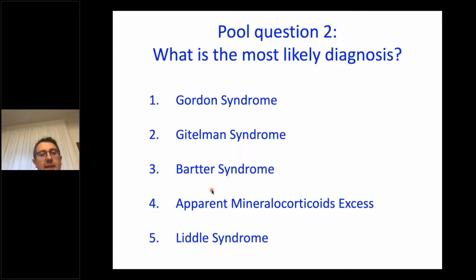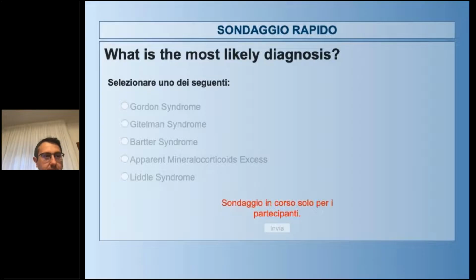What is the most likely diagnosis in your opinion? So we have the multiple choice that includes Gordon syndrome, Gitelman syndrome, Bartter syndrome, apparent mineralocorticoid excess, and Liddle syndrome.